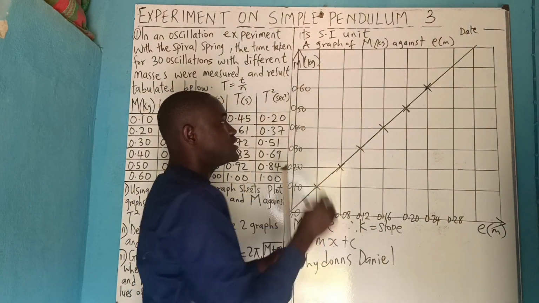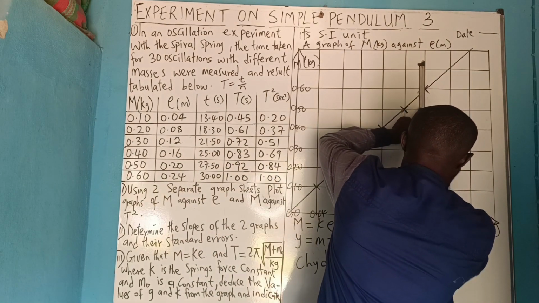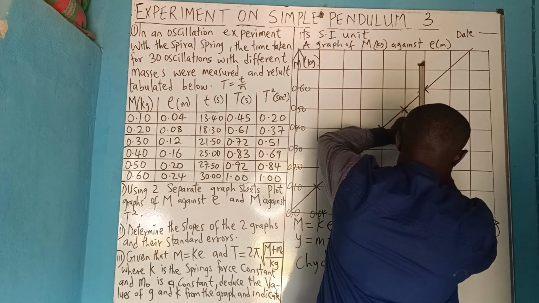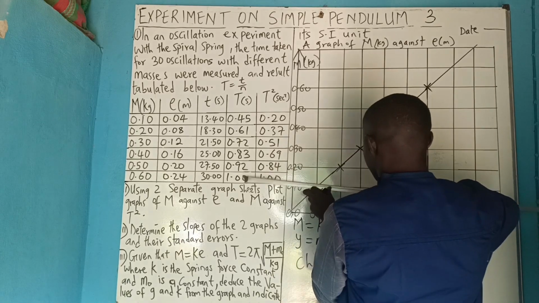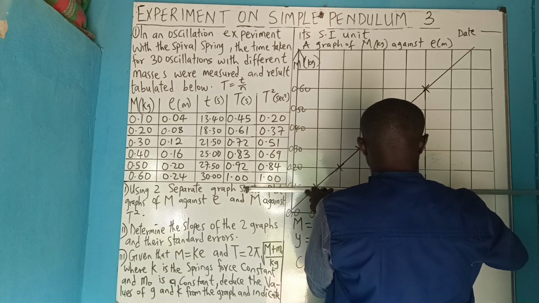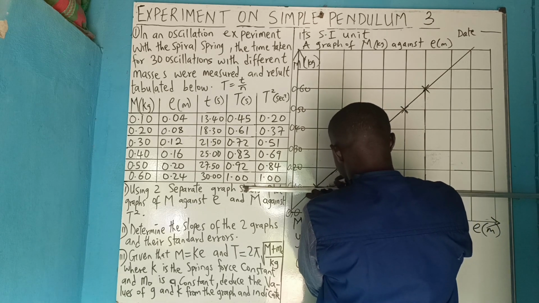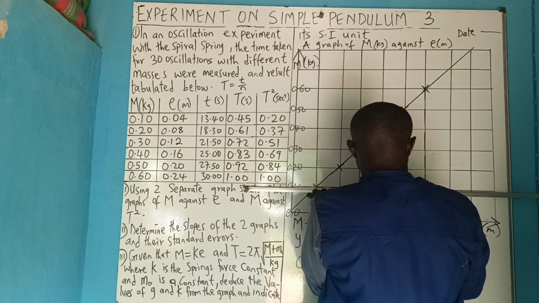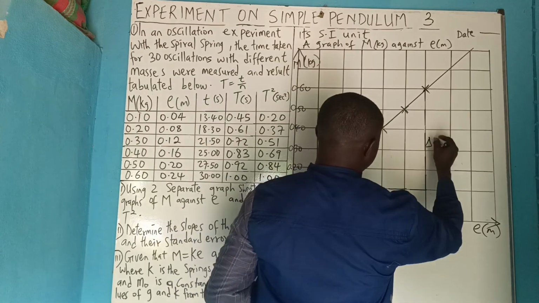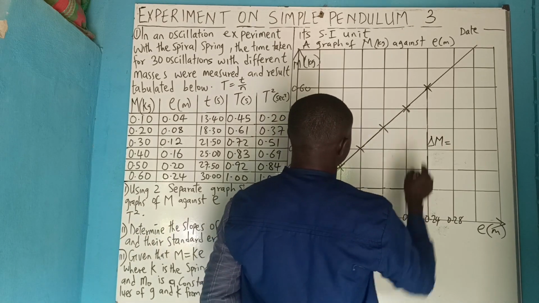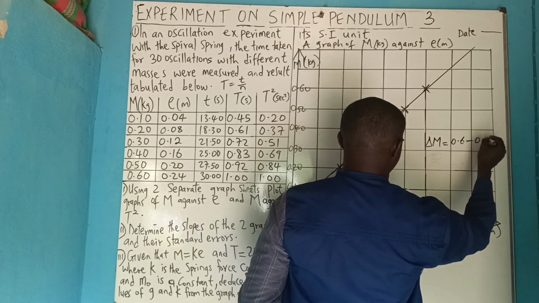Okay, let's get the slope of it. Change in m is equal to 0.6 minus 0.10.